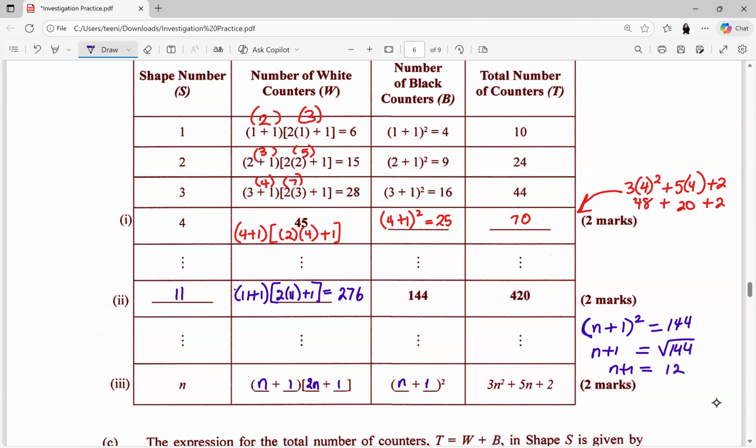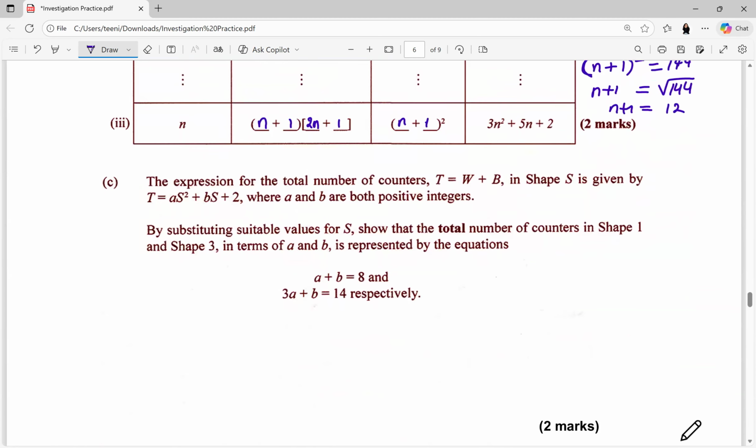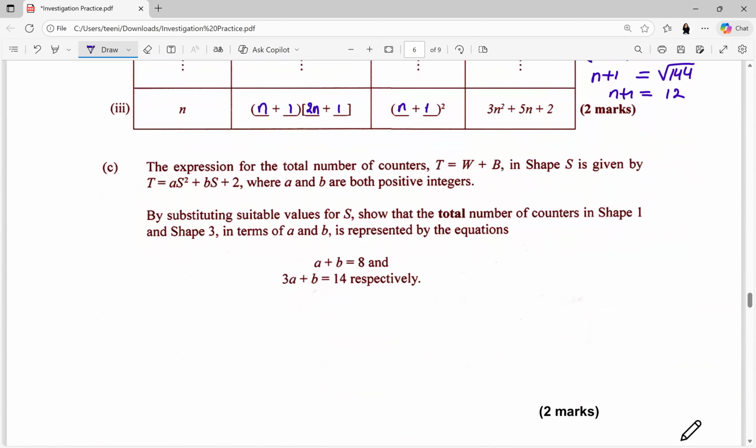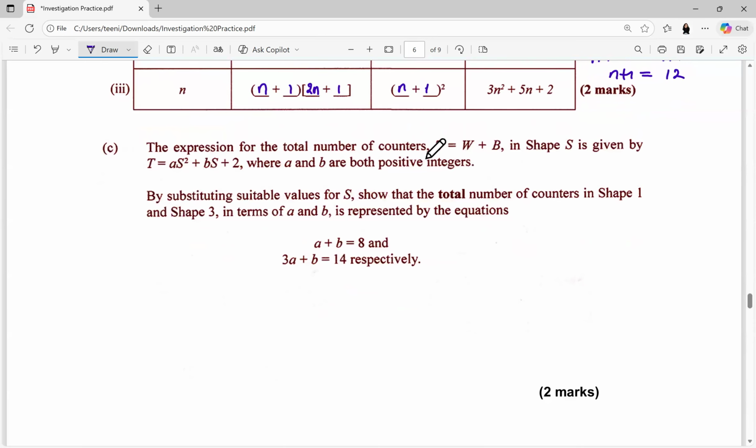And there we have it. The expression for the total number of counters P is equal to W plus B.